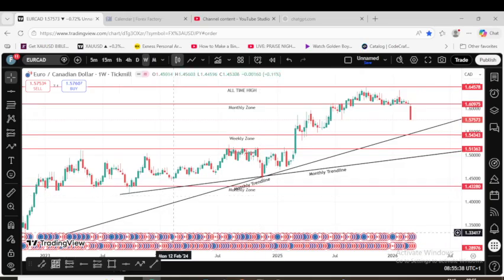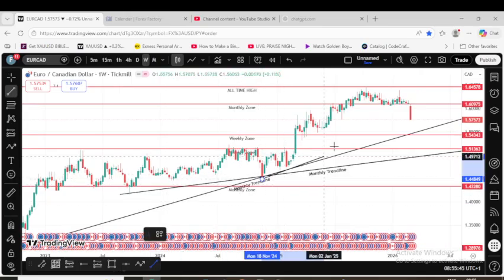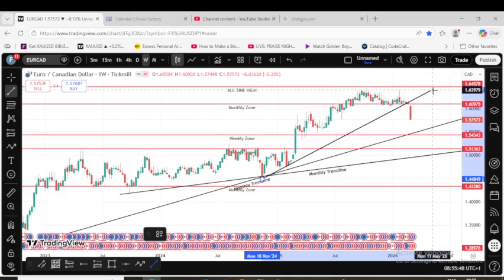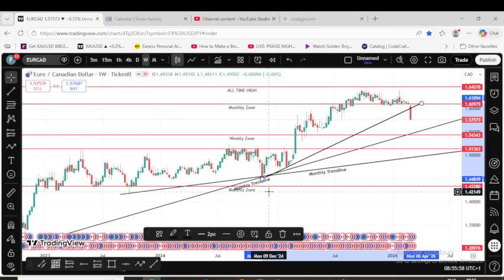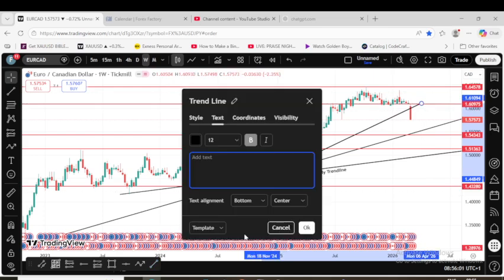Now let's see if we can draw a trend line. I believe that we can draw a trend line like this across these points. Yeah, so this is our weekly trend line.